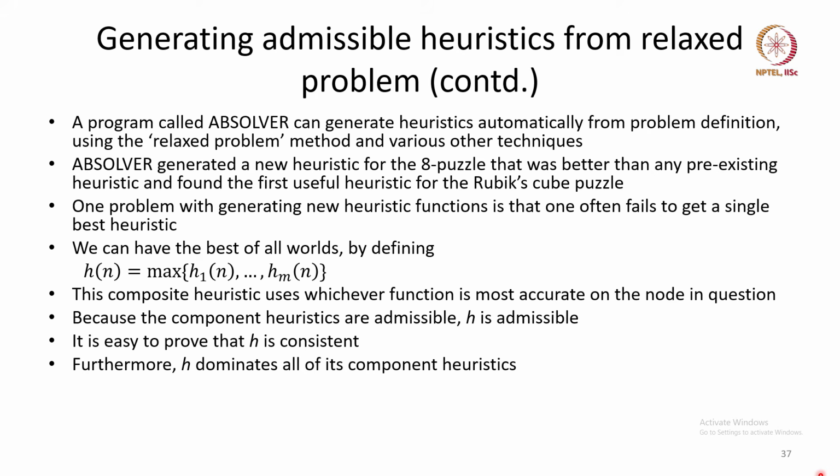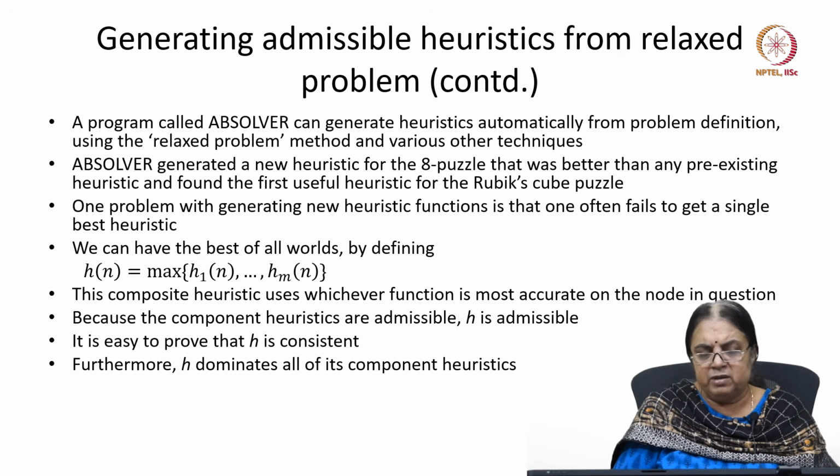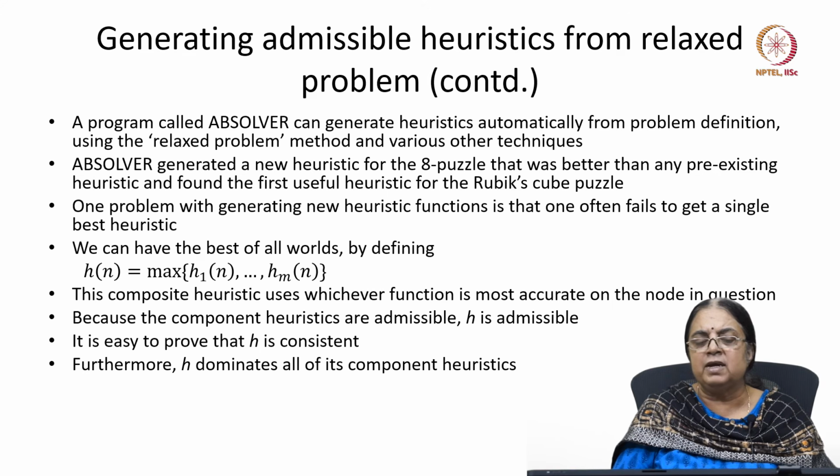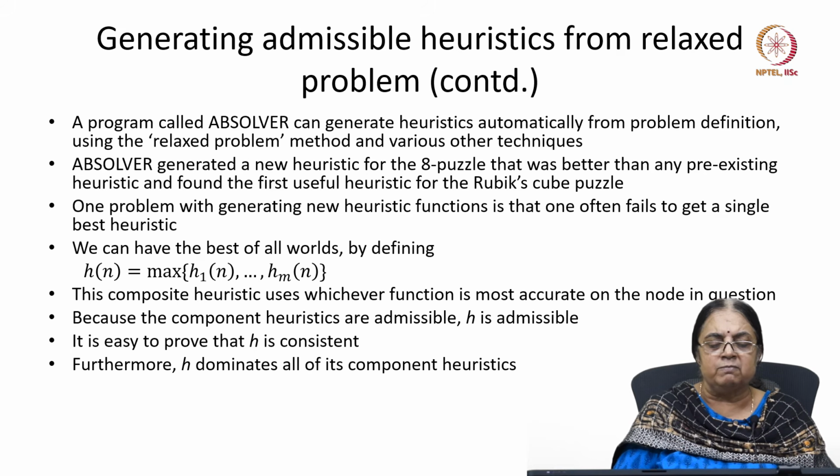Now what happens is that you will find that a number of heuristics are possible for one problem. For example, in the 8 puzzle, we found two heuristics H1 and H2. So suppose there are m such heuristics H1, H2, H3, up to Hm. Which is the heuristic to use?